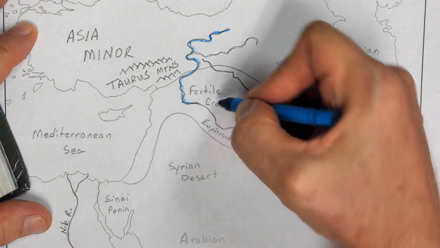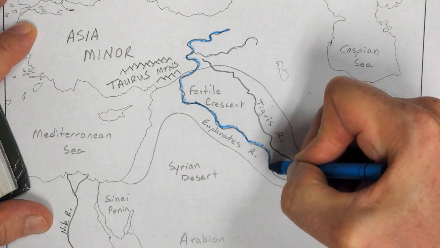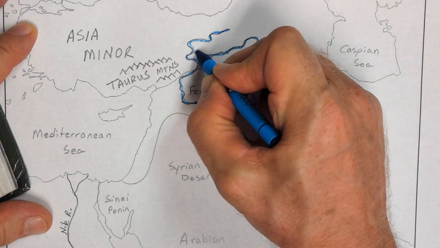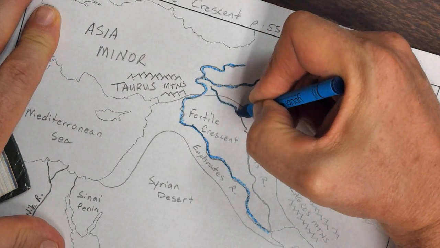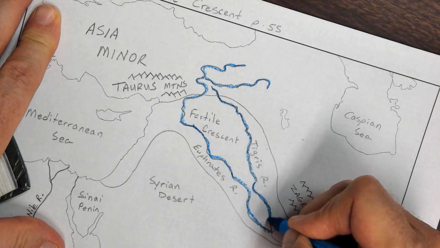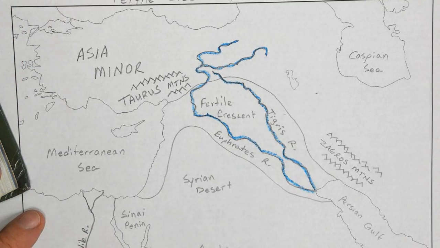I can still see the pencil underneath there, but that's no big deal. I want to get those rivers in blue first before I do anything else. There. That doesn't look so bad. It's not the best crayon in the world, but it'll do.